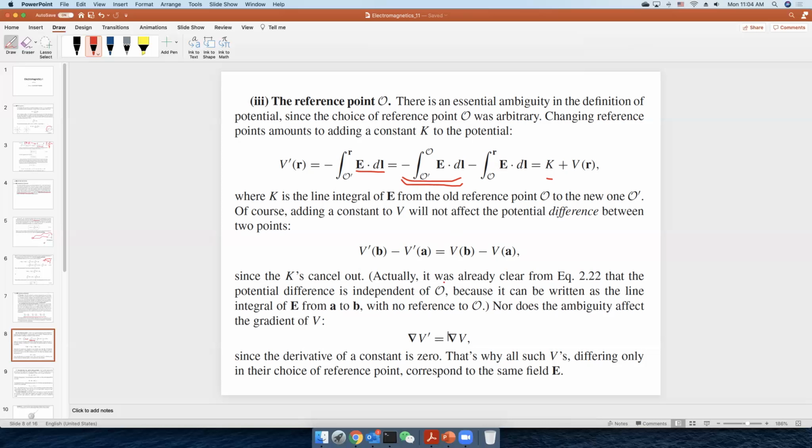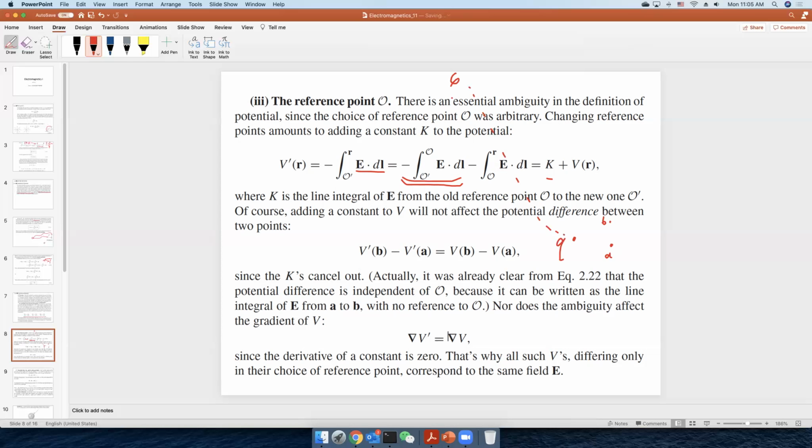But generally, when we choose the reference point, usually we set the reference point to be infinity. For example, if you have a positive charge Q here, and you want to calculate the potential at point A or point B, the reference point that you choose is usually infinity.